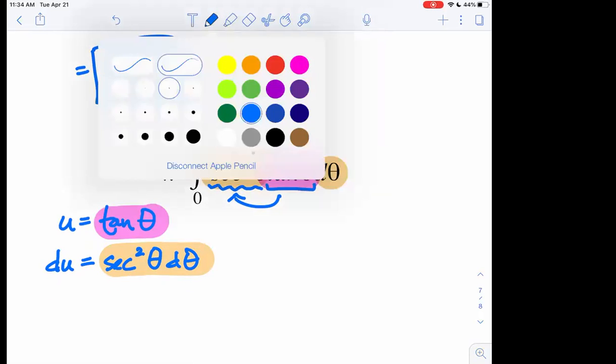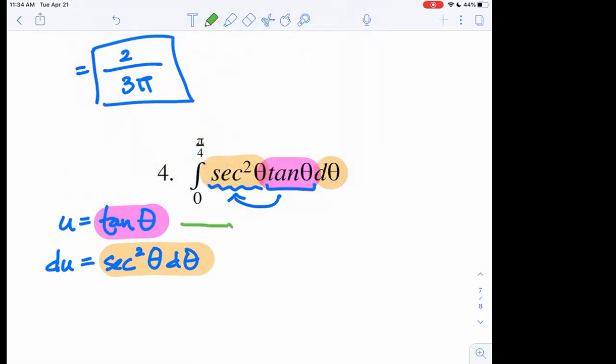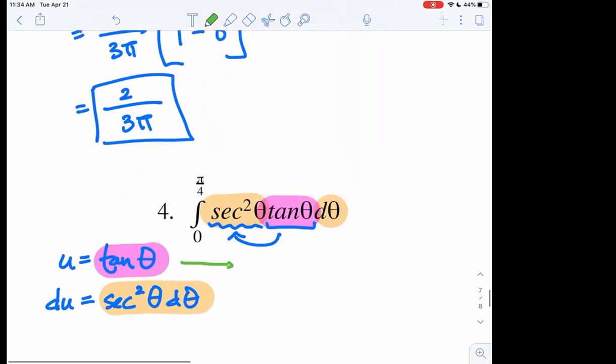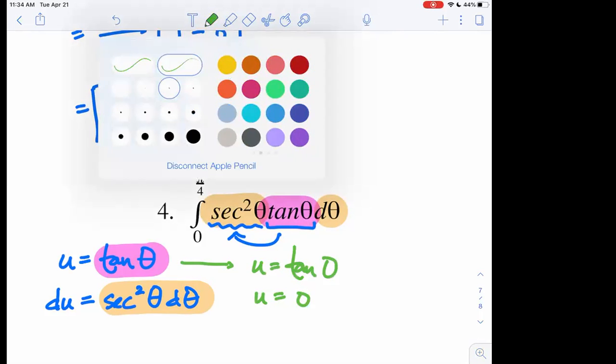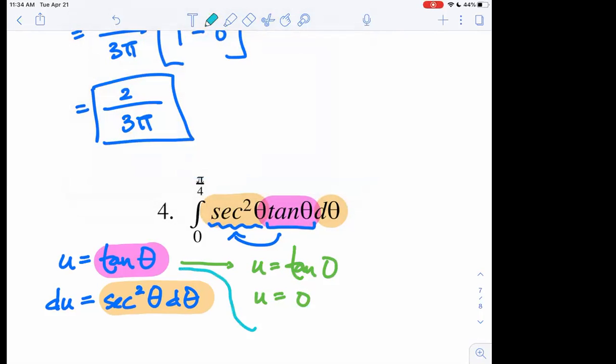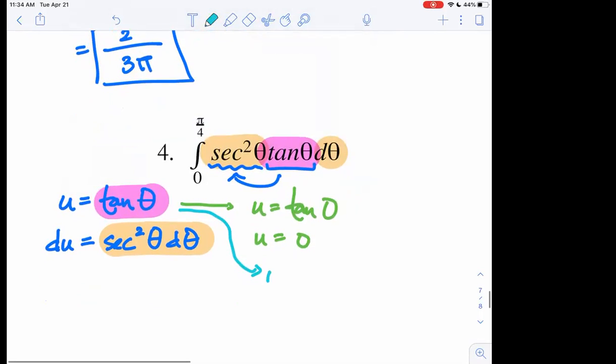The only thing we need to do now is go ahead and change our bounds. So u equals tangent of 0. That means u equals 0. The top bound is going to be tangent of pi over 4, which is 1.